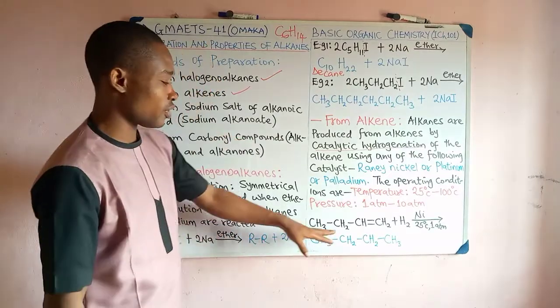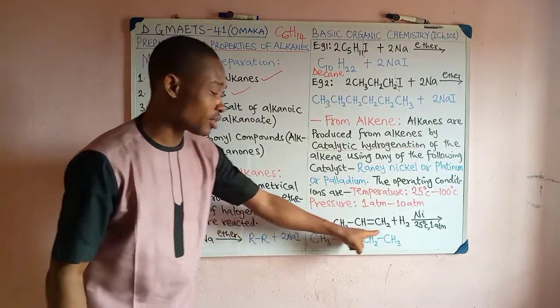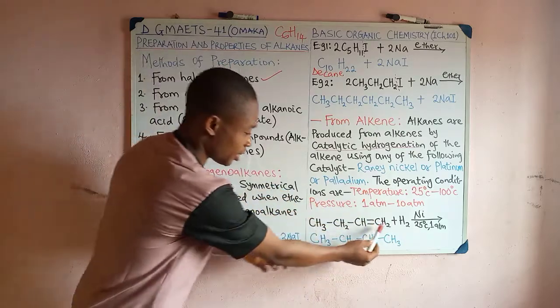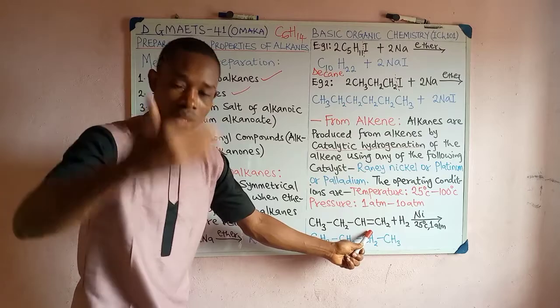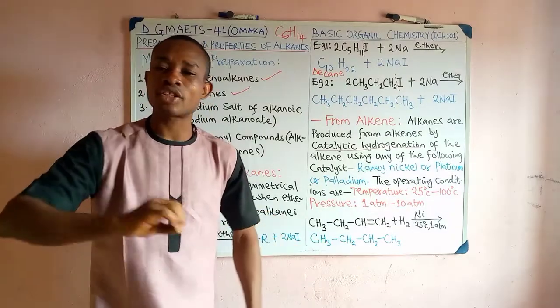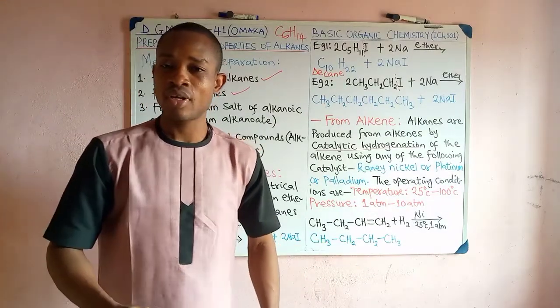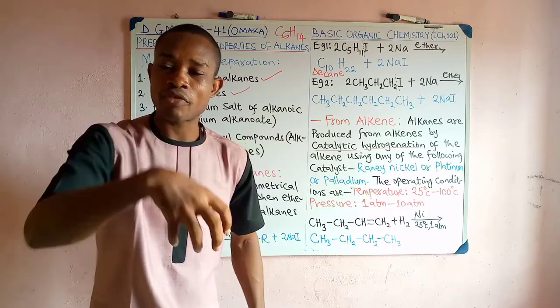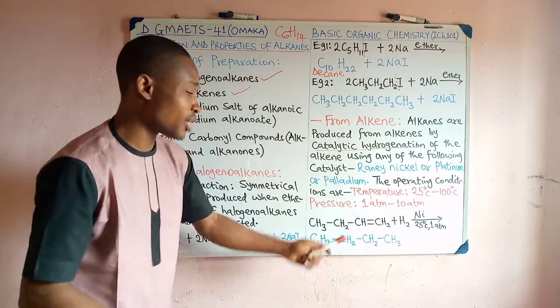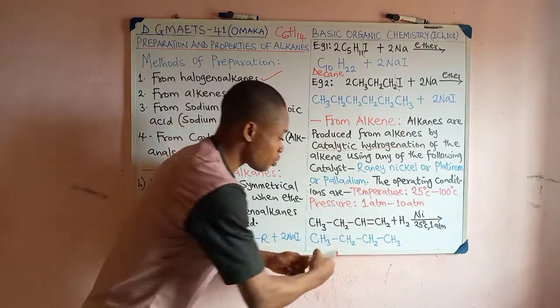So look at the reaction here. Okay, this is an alkene. How do we know that this is an alkene? You can see the double bond here. Double bond is a functional group of what? Alkenes. So during the reaction, what's going to happen? Remember our secret that the reaction usually attacks where you have the functional group. It therefore means that this reaction will be centered at this point.